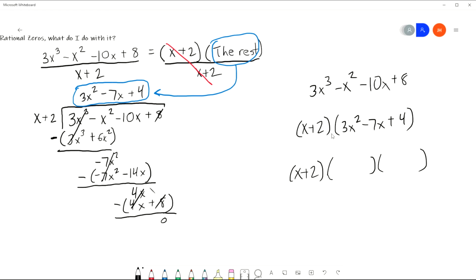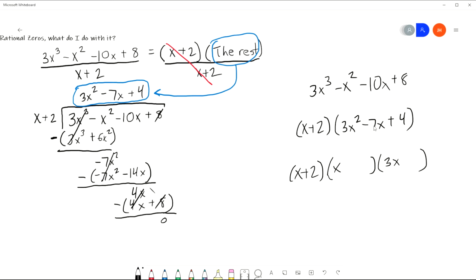And I kind of go big brain mode and just try to think about what the factors should be, right? What would make 3x squared? It's just going to be x and 3x. That's all it could be. The numbers, what could they be? They have to multiply to 4 somehow, and they have to add up in the end to minus 7.